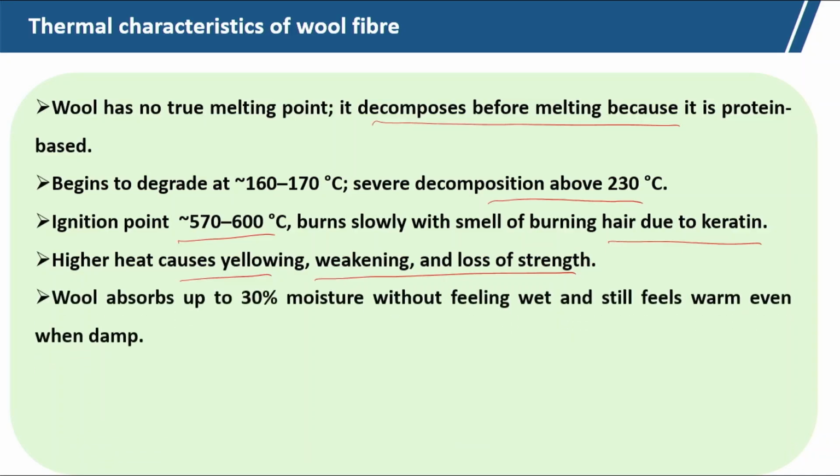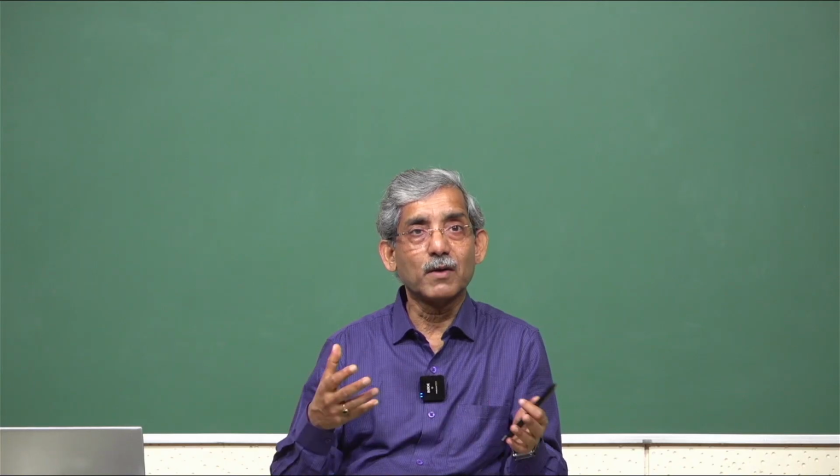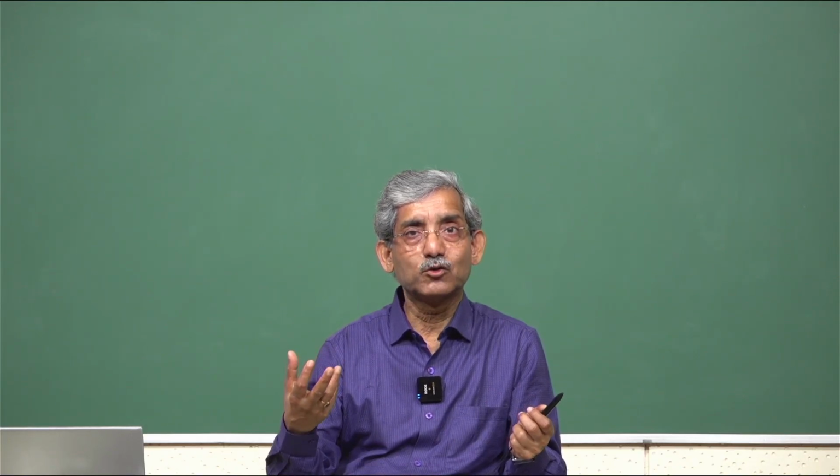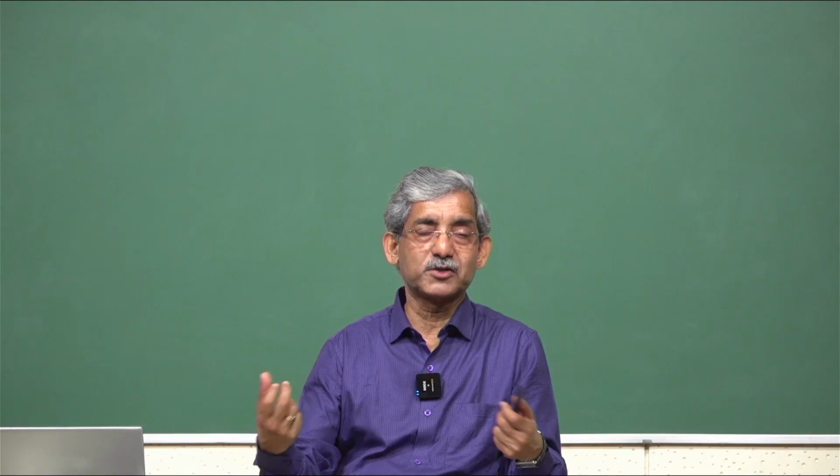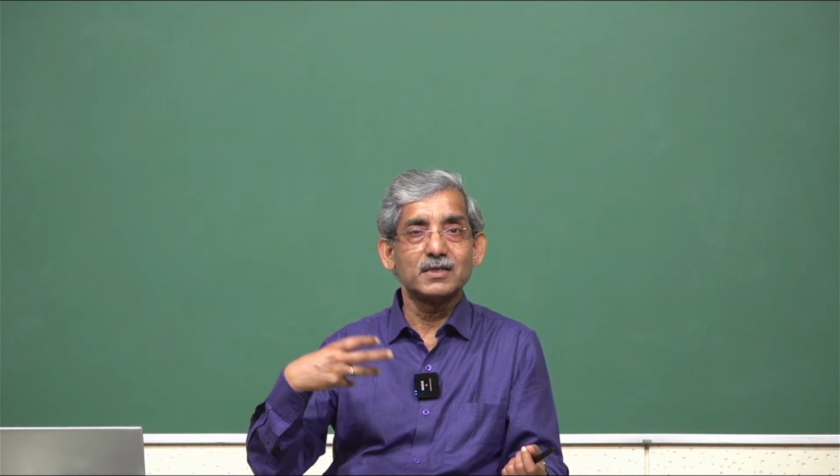Wool absorbs about 30% moisture without feeling wet. So, it has very high absorption capacity, and still feels warmer even when it is damp. One unique characteristic of wool fiber is the heat of absorption. When it absorbs moisture, it releases heat.